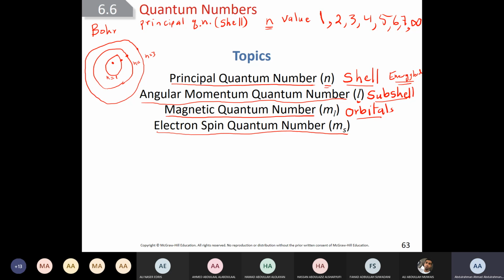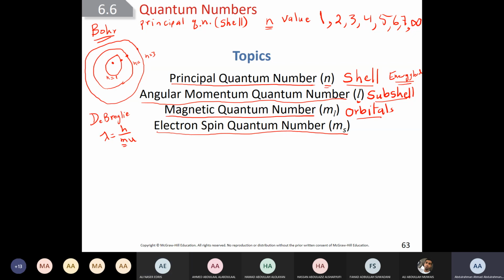All right, clear? Good. Next, after Bohr came de Broglie, and he came up with a very important equation. What's the equation? Lambda equal h over mu.